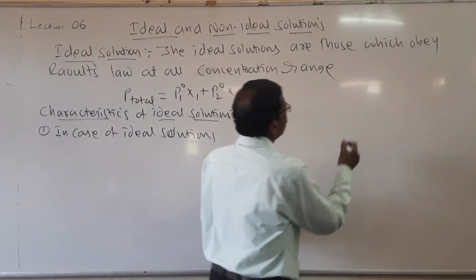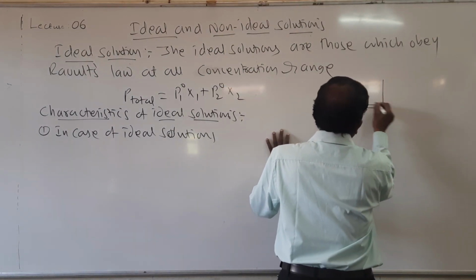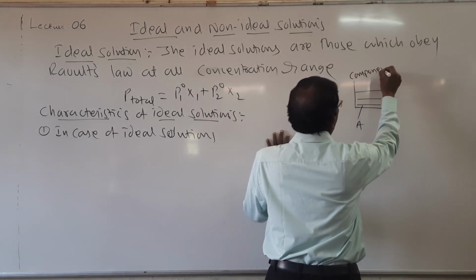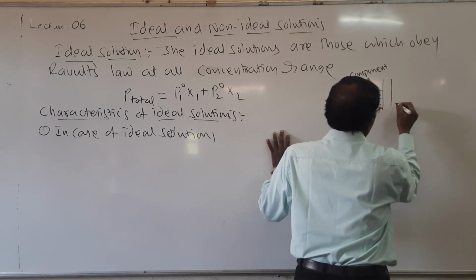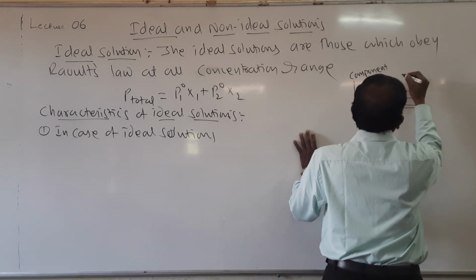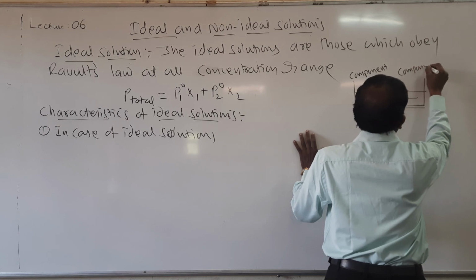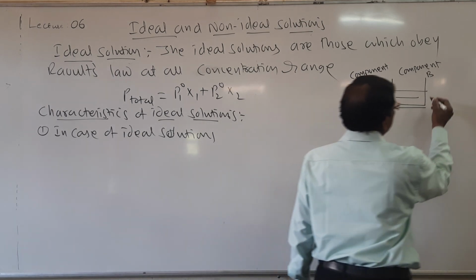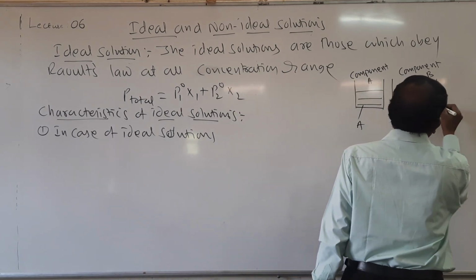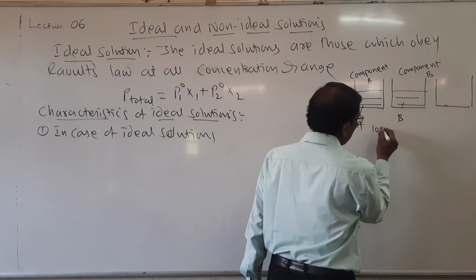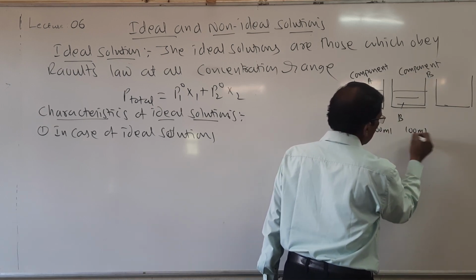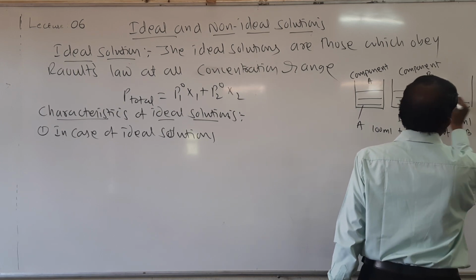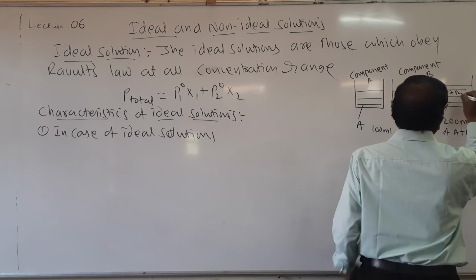So, for example, I will show here, look here, it is component A, and it is component B. When 100 ml of both A and B are mixed, it gives 200 ml of A plus B.